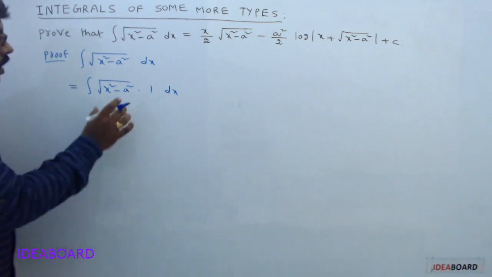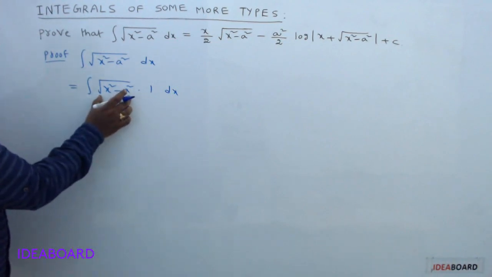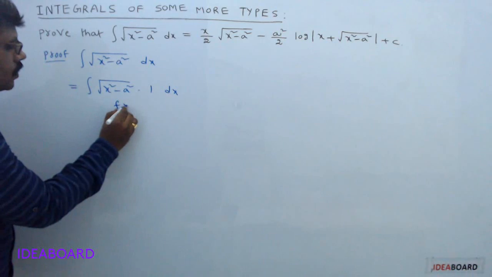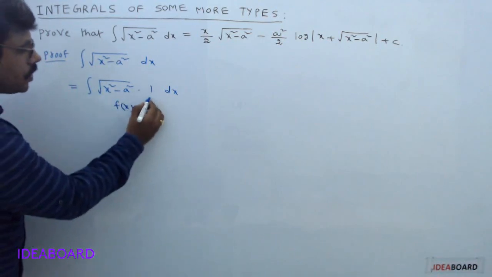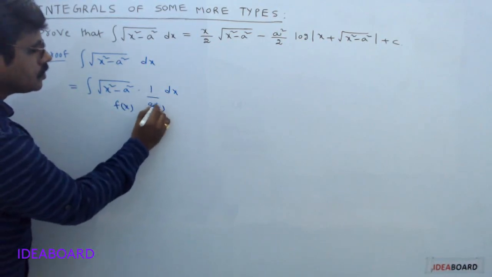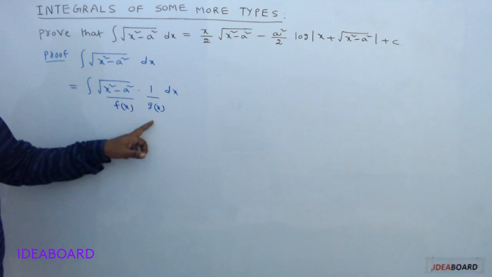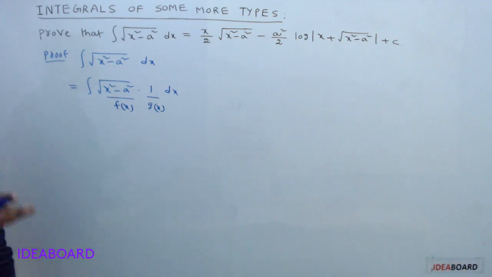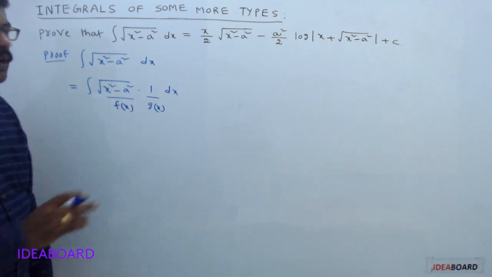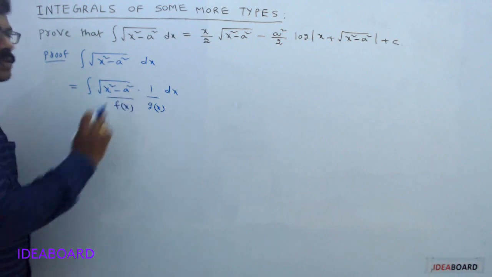Now consider root of x square minus a square as f of x and 1 as g of x. Then you can apply the integration by parts formula on these two functions.